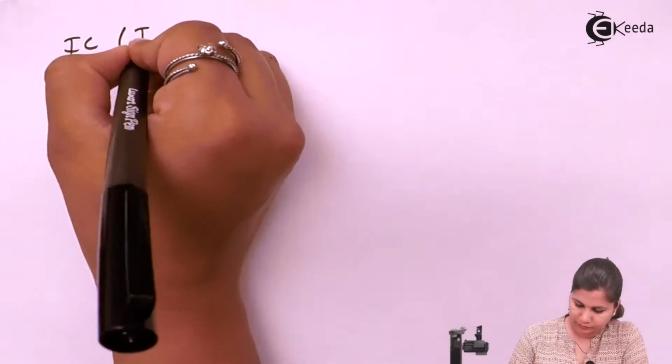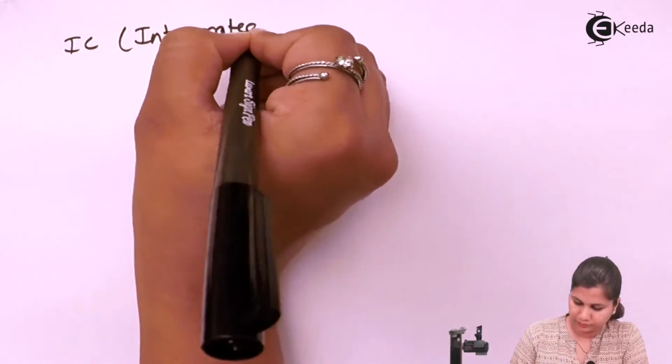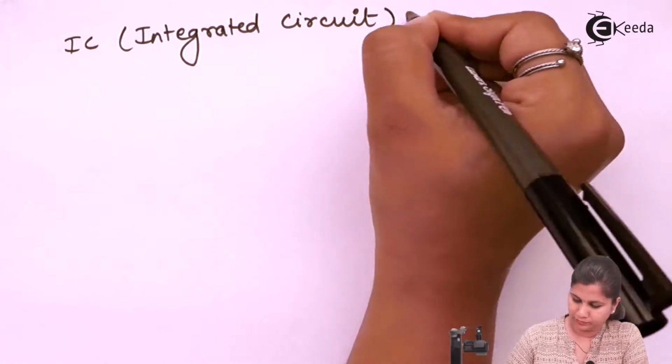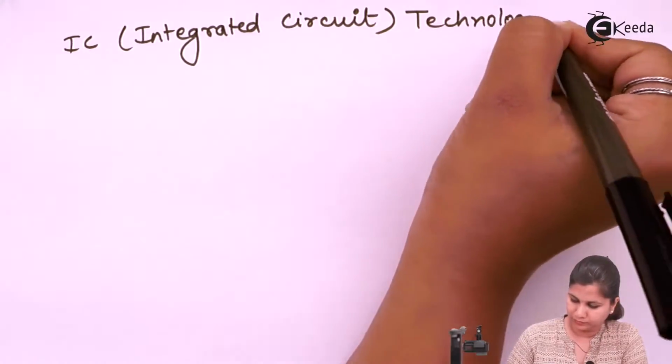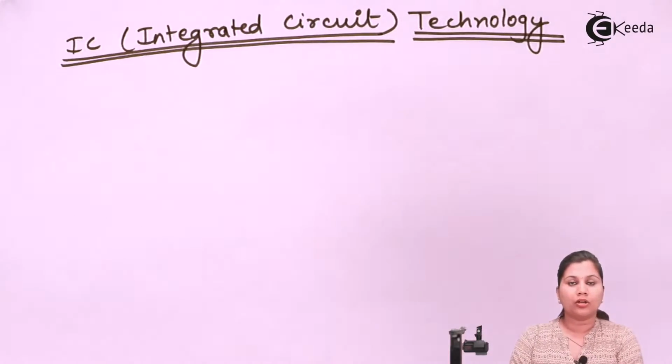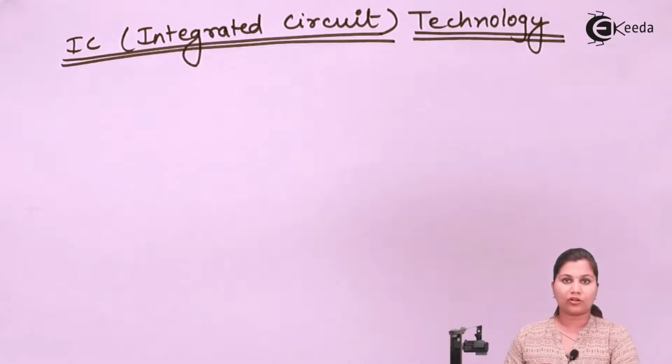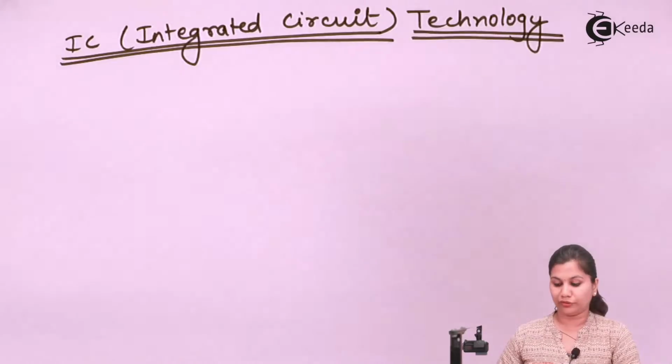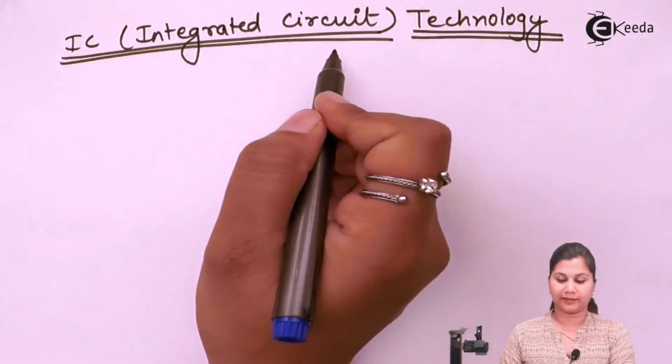Now the next technology in embedded systems is the IC technology, also called the integrated circuit technology. Before starting with this technology, let us understand the meaning of the word integrated circuit.